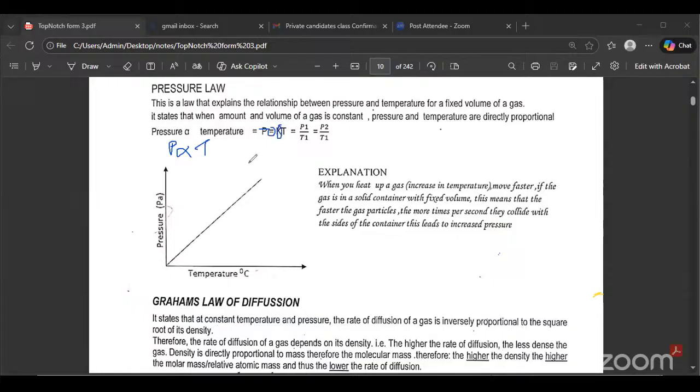Making the constant the subject of the formula, you'll find P over T is equal to K. Now, if you have many gases, for example, gas A being kept at a certain constant volume, and then the temperature and the pressure are changed, you'll find that P1 over T1 is equal to K.